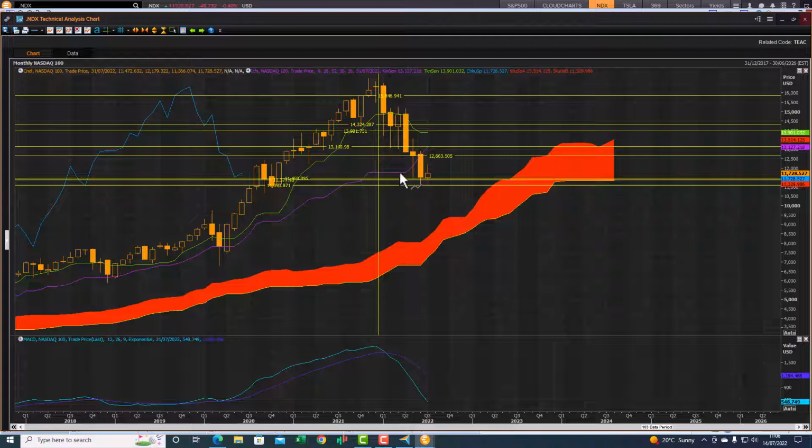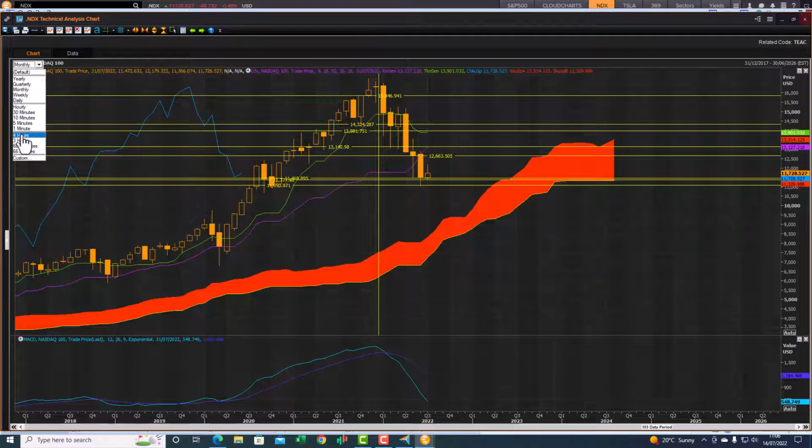So maybe for the rest of this year we might get a little bit of a rebound, and then if the economic situation deteriorates, we can then expect further sell-off to hit these support levels around about 10,000, 9,000. And that old high. But that's the monthly Ichimoku, very big picture, very long term in its outlook.